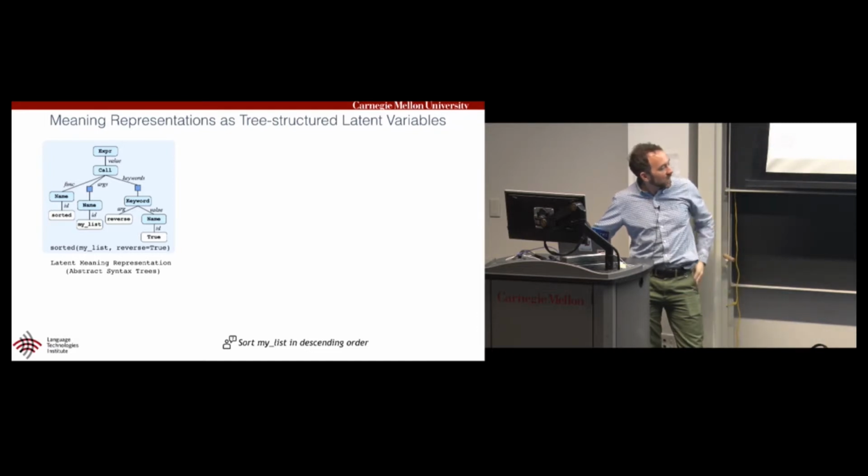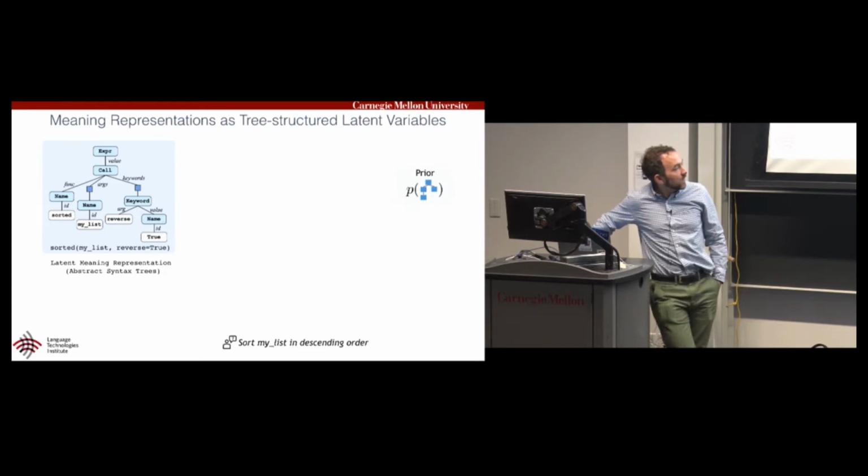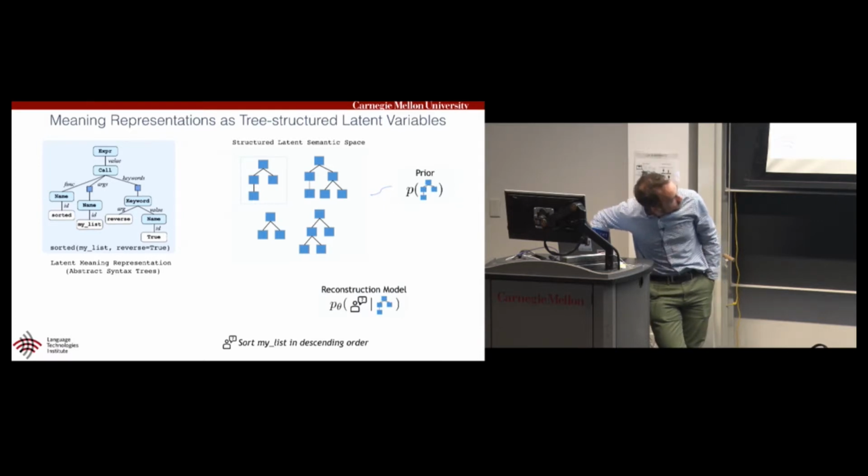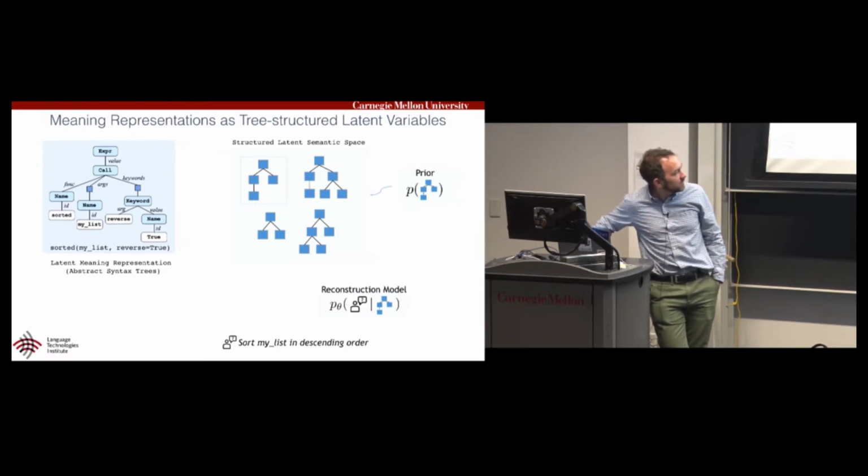We assume it's a generative model of the text utterance, and we have a prior over the trees, the latent tree structures. We have this structured latent space where each of these possible trees is basically a program, this abstract syntax tree. So we generate a tree from this prior, and then from our reconstruction model, we generate the utterance.